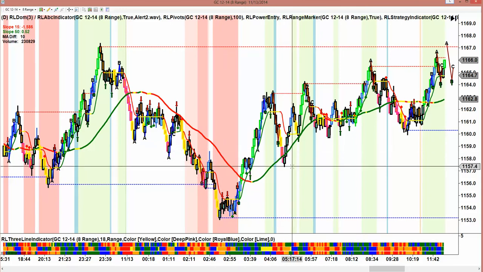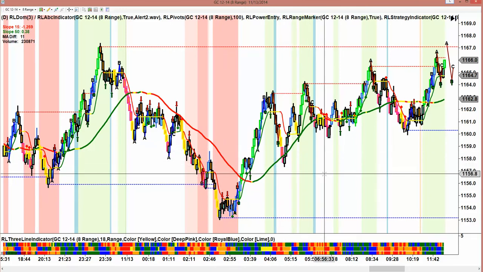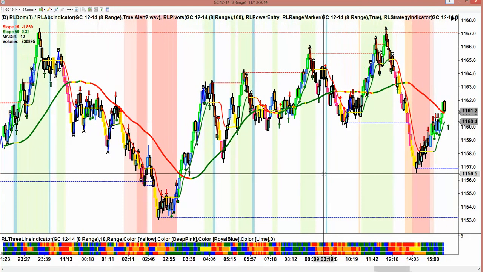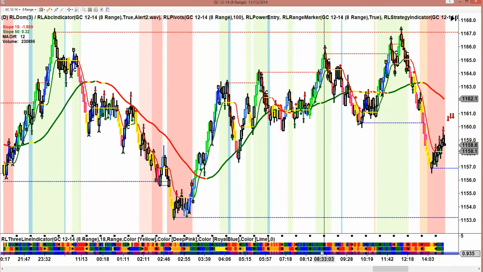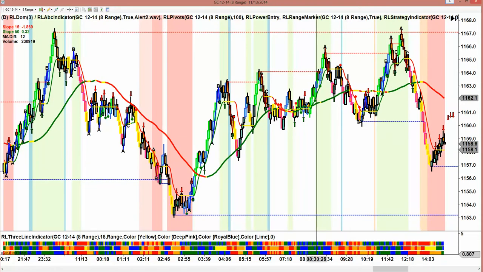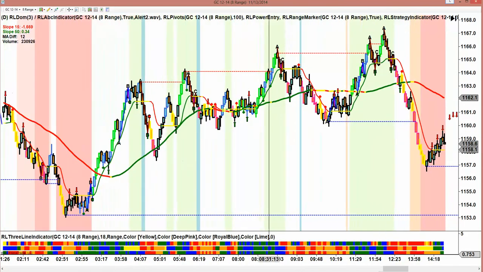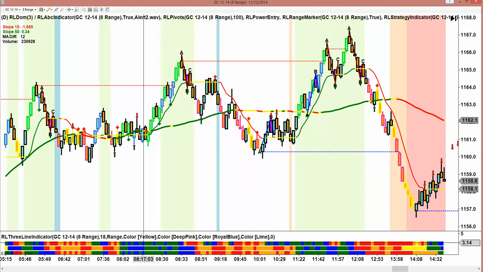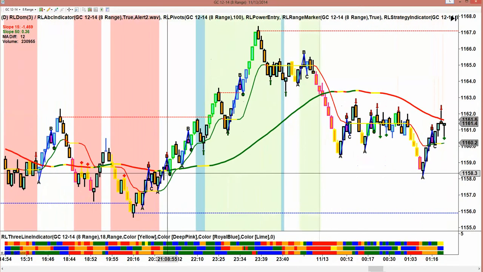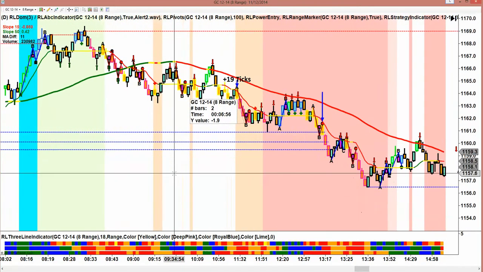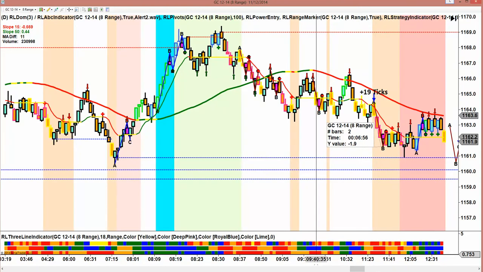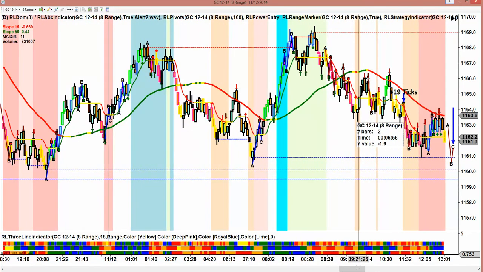Then on the up move, you have... I don't want to squeeze the chart so you can compare them.